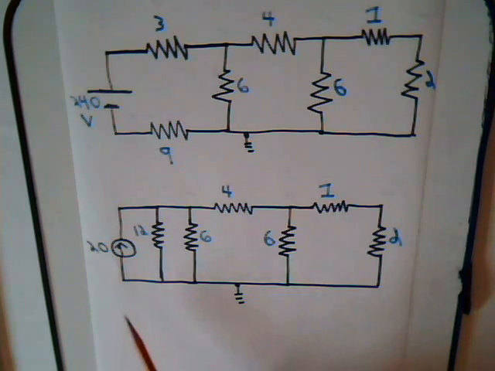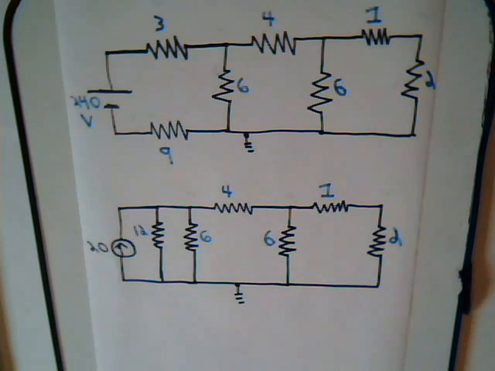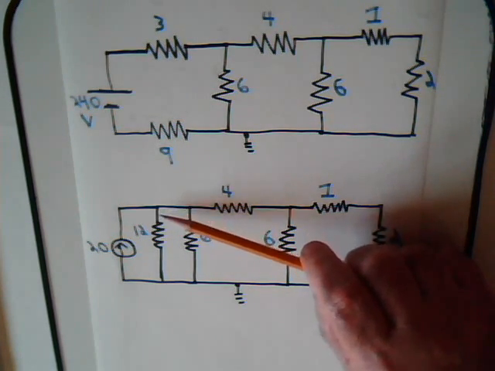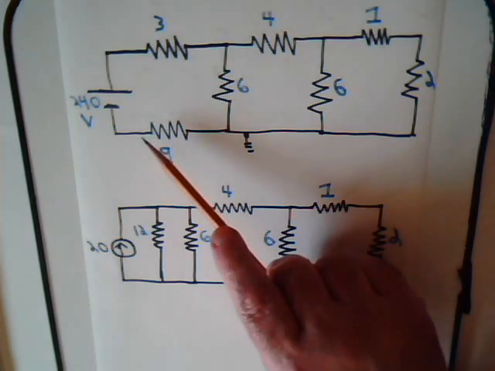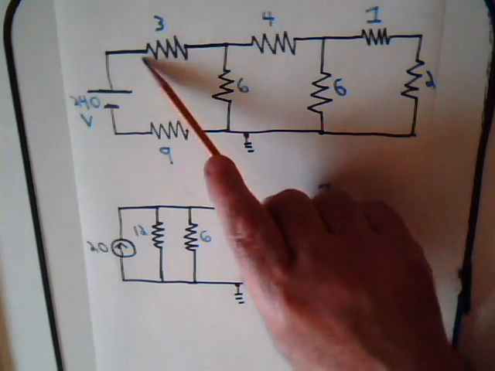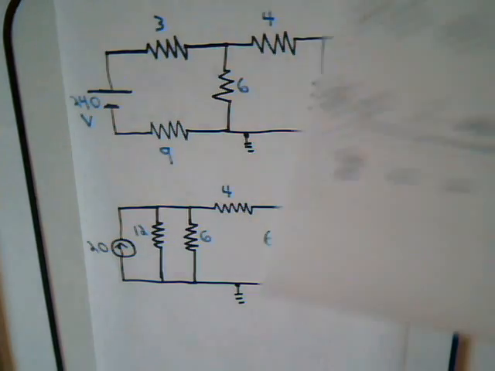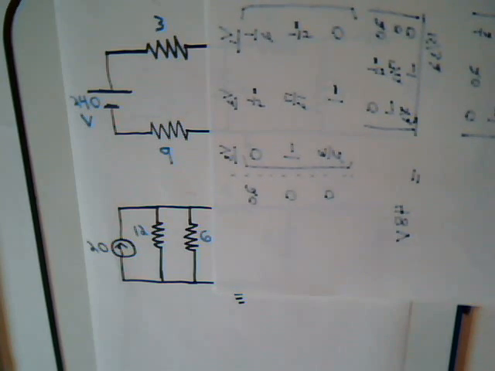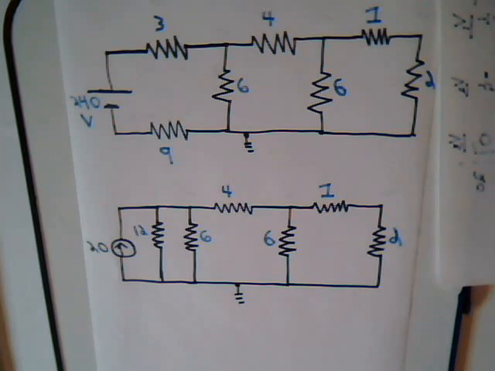So this circuit and this circuit are identical, but as we encountered in the last video, we have to be careful, because here the current that flows through this resistor is not the same as the current that flows through this resistor. We have to think of this as the source circuit, and we're plugging this into the source circuit.